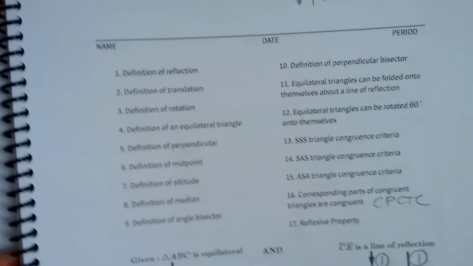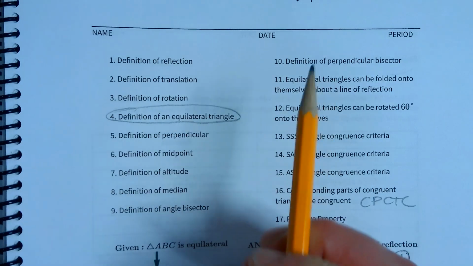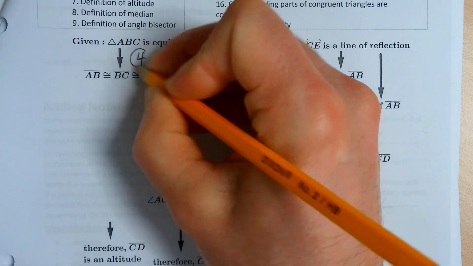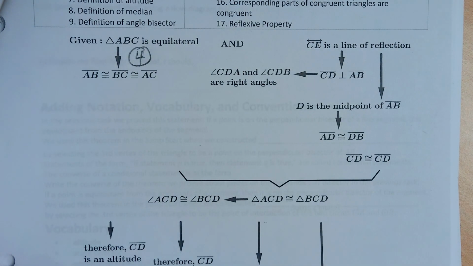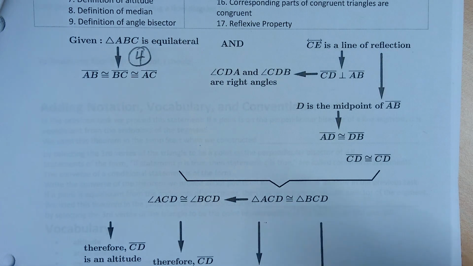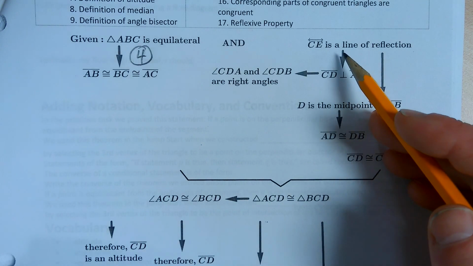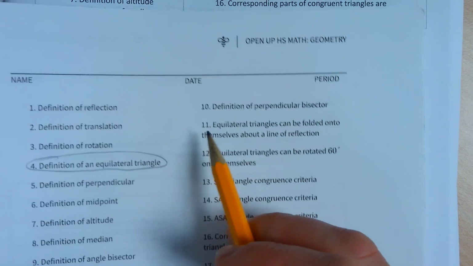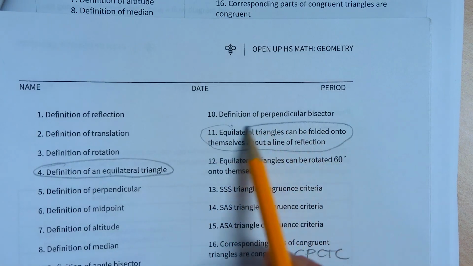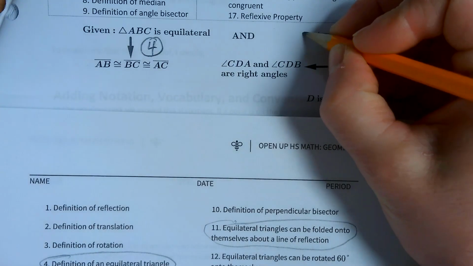So here's our list of stuff. Here's the definition of equilateral triangle. How about the fact that, here's that other little factoid that I was telling you about that we needed. 11. The book says 11 goes right here.